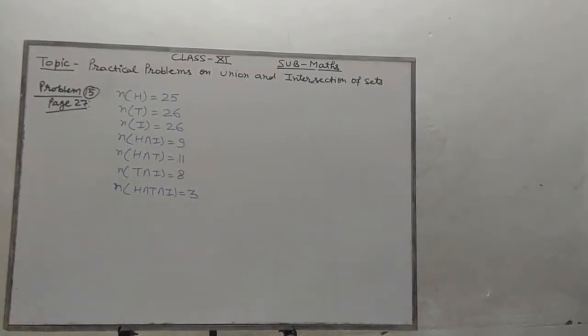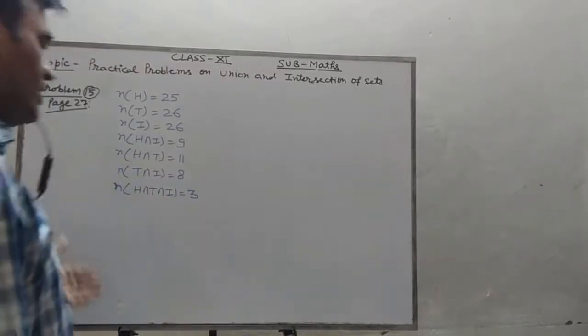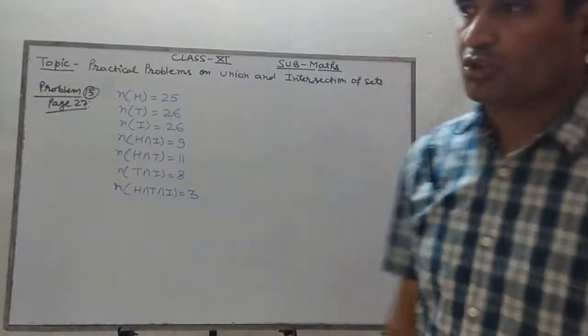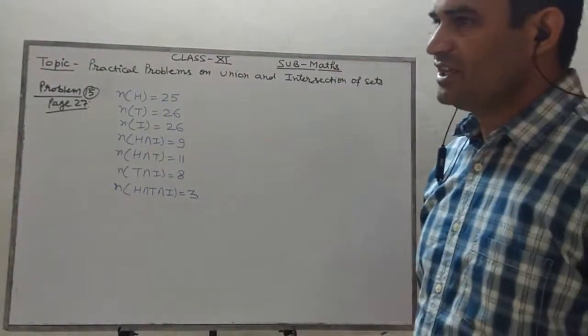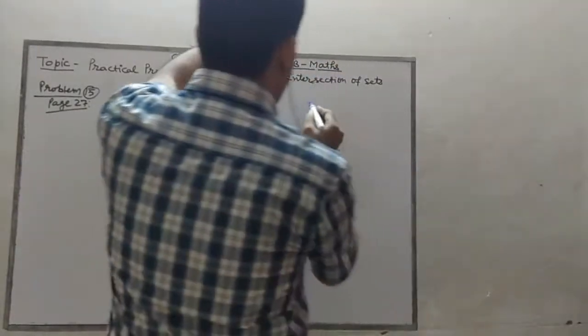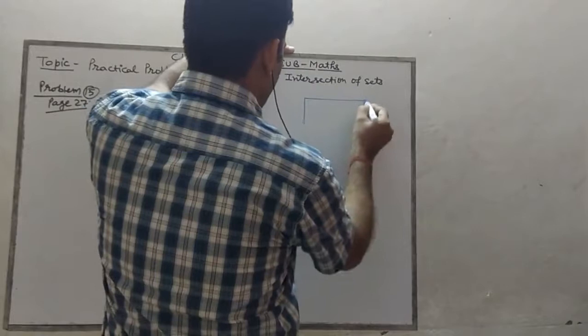Some other things may be asked in such types of problems that cannot be directly dealt with by the result. So, to understand it better, let us take the help of a Venn diagram. This is the Venn diagram for it.